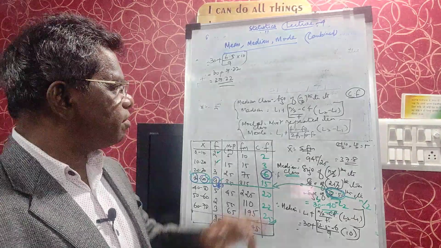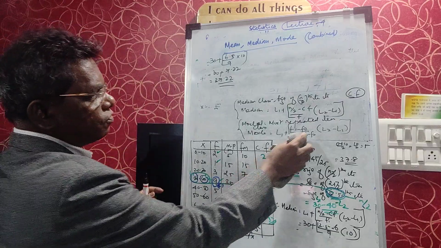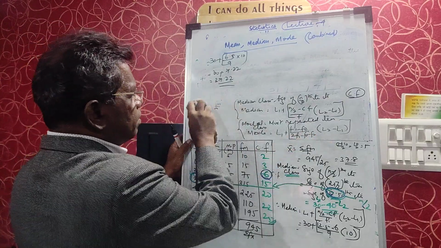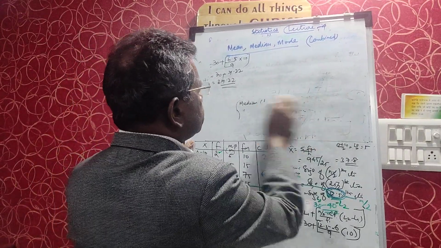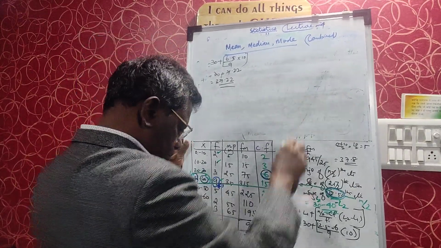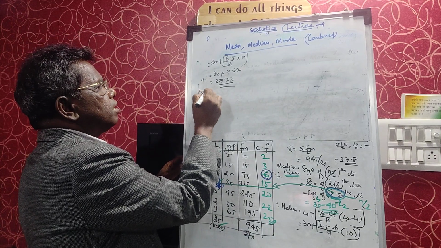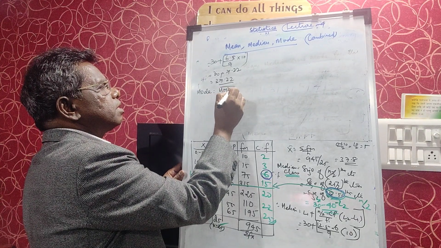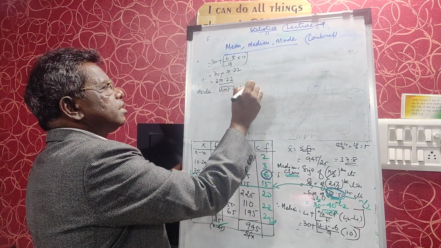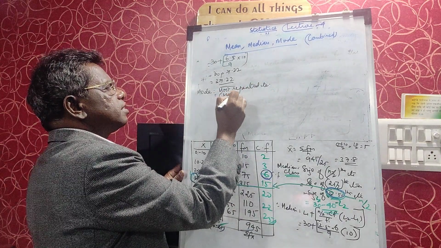Now we have to find out the mode. So let's do the mode now. The formula is already given, you have already made a note of it. Mode is the most repeated value, or maximum frequency.